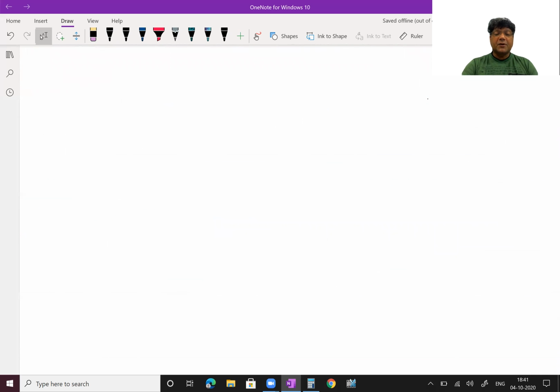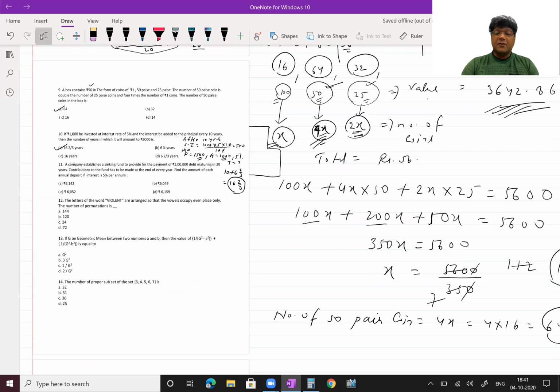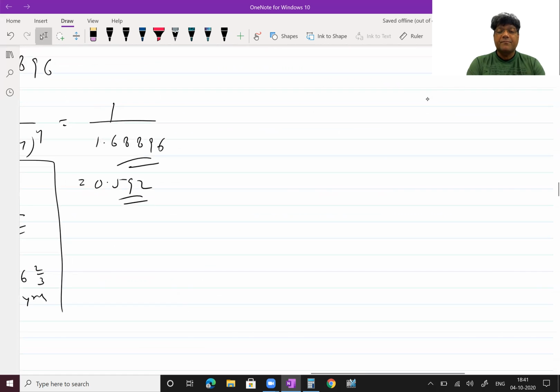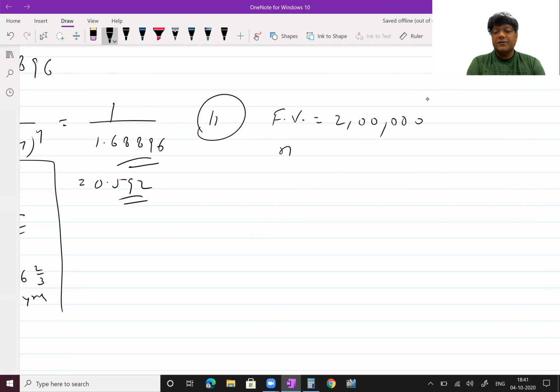Question number 11. 2 lakh rupees is the future value. We want this much money after 20 years. Annual installment value we don't know.